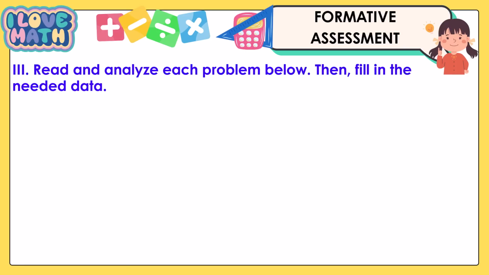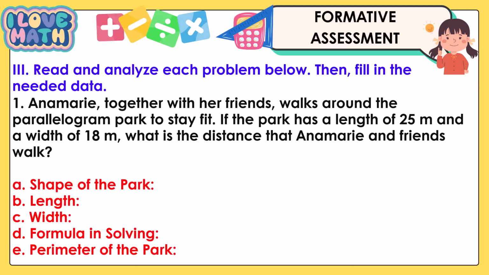Part 3. Read and analyze each problem below, then fill in the needed data. Number 1. Anna Marie, together with her friends, walks around the parallelogram park to stay fit. If the park has a length of 25 meters and a width of 18 meters, what is the distance that Anna Marie and friends walk?